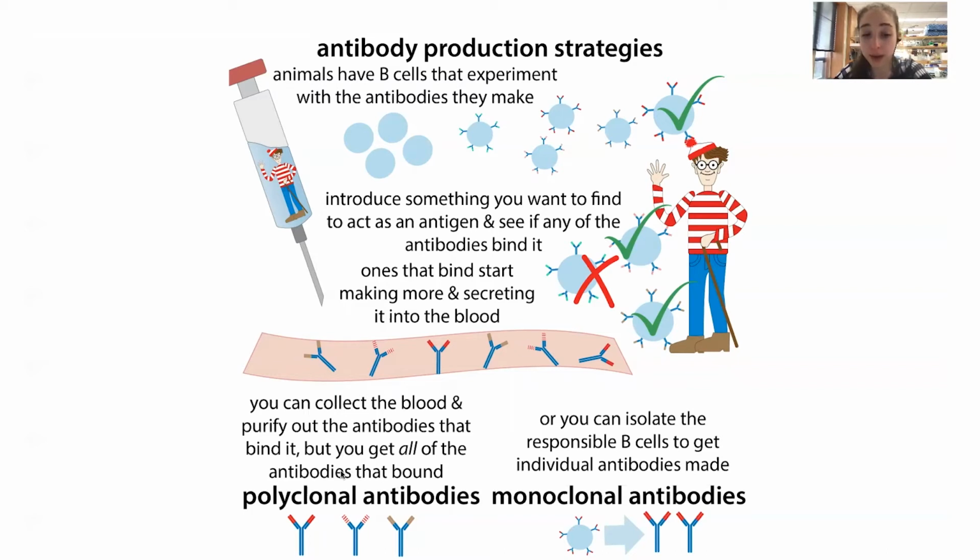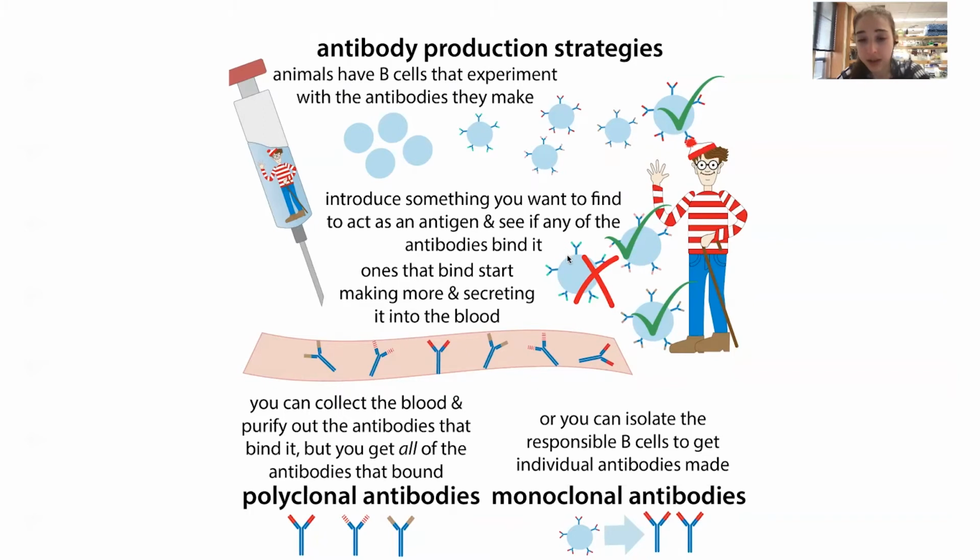But you're getting all of the antibodies that bound to that thing. So you're getting all of these ones that recognize all of these different epitopes and are coming from lots of different B cells. If you want to isolate a particular one, then you want a monoclonal antibody.